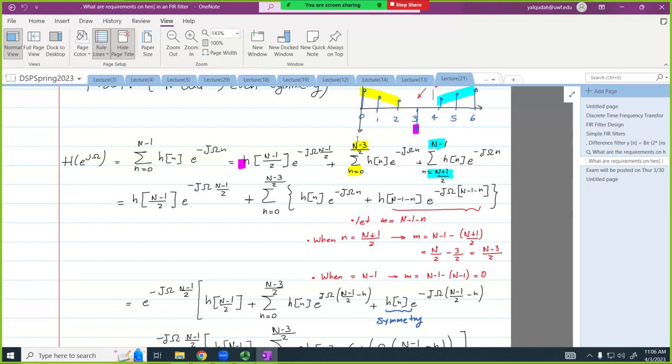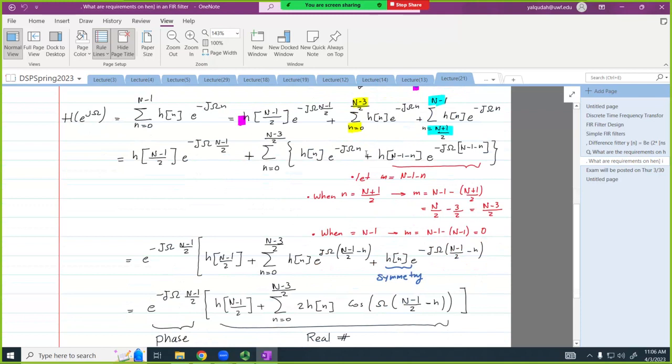When n is equal to N minus 1, m is going to equal 0. So therefore, the limit of this summation is going to also equal the limit of the yellow summation. Does that make sense? Yeah. Okay. So then we can take the summation from 0 to (N minus 3) over 2, and we can replace h of N minus 1 minus n with h of n, because there is a symmetry. h of N minus 1 minus n is equal to h of n.